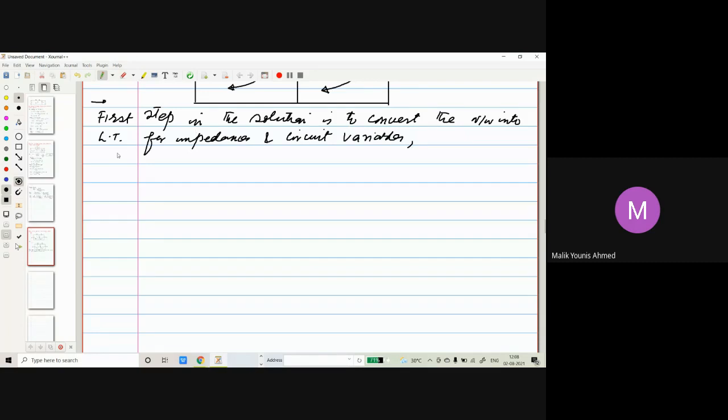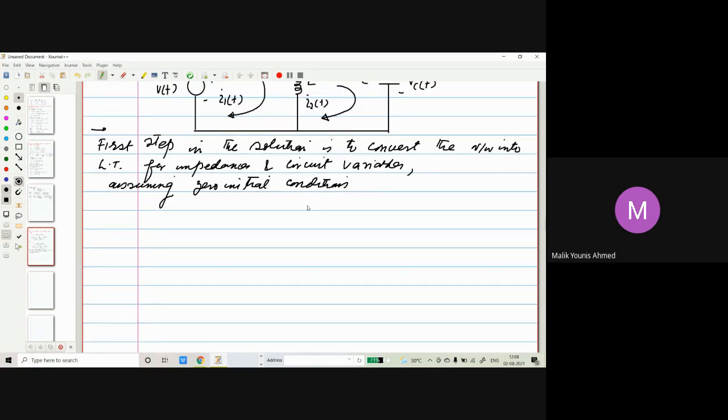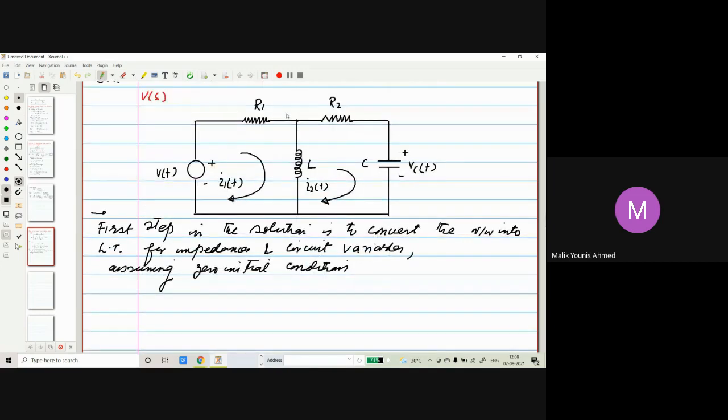Okay, and then at the same time, assuming zero initial conditions, we don't have to assume any initial conditions. Assuming zero initial conditions. So that's so we can convert this network into the Laplace transform.